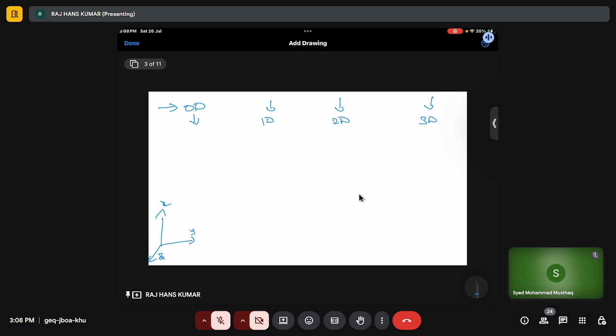It should have 3 dimensions, then only you can touch it, or at least you can see it.